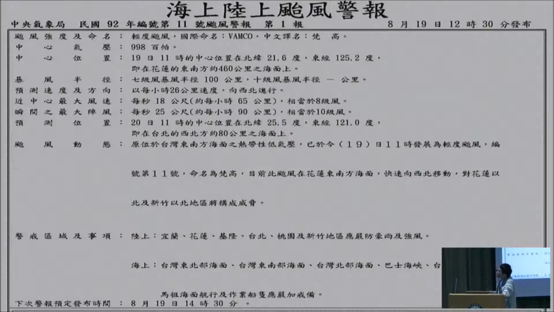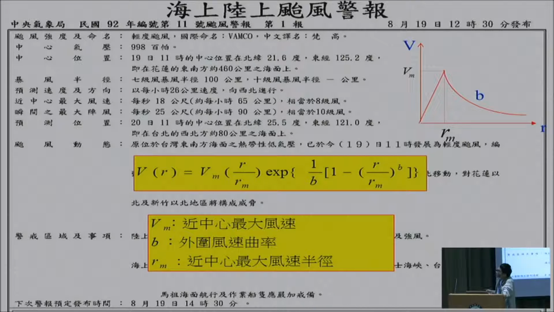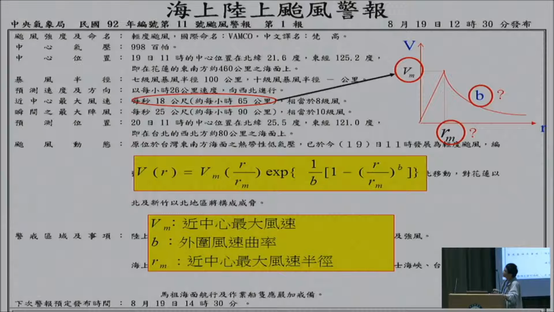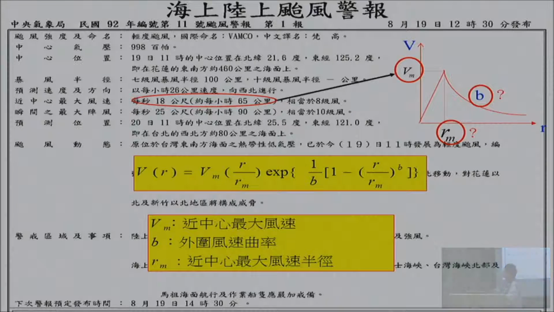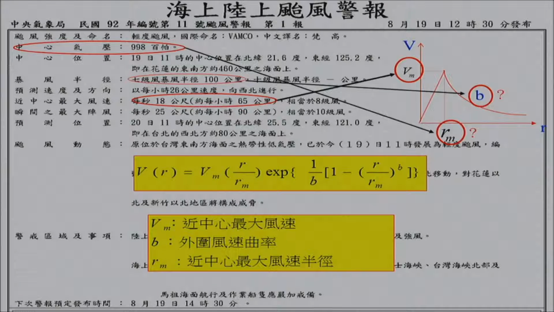In the typhoon report, we have only one piece of information: the maximum wind. The other two we don't know, but we can use the radius of the 7th-level storm wind to determine B, and the central pressure to determine RM, the radius of the maximum wind.